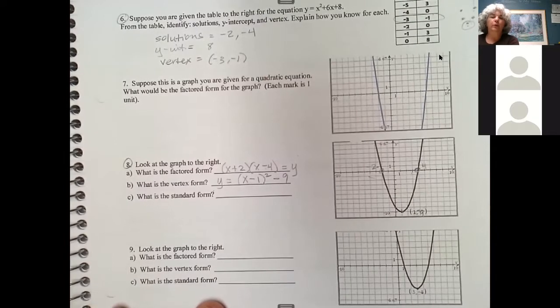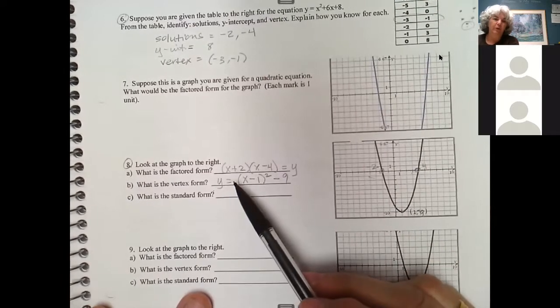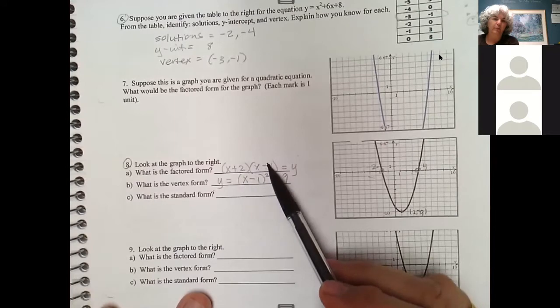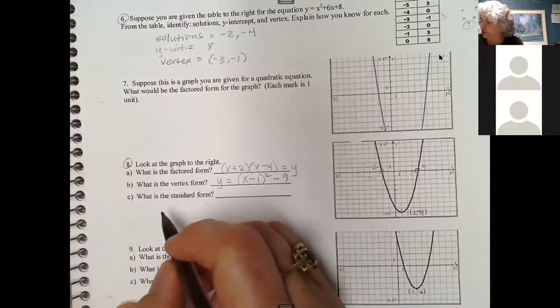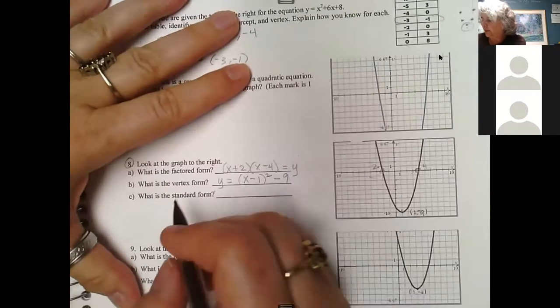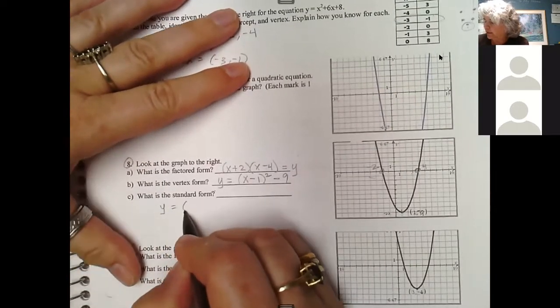And then standard form you can find by multiplying out either the top one or the bottom one, and it doesn't matter which one you multiply out. I'm going to show the work here. I'm going to take the top one. I think it's just a little bit easier.